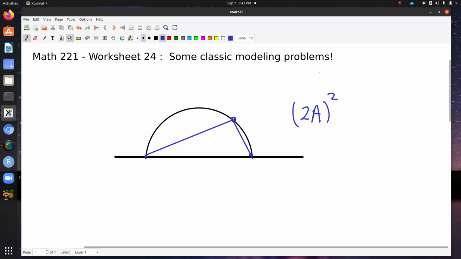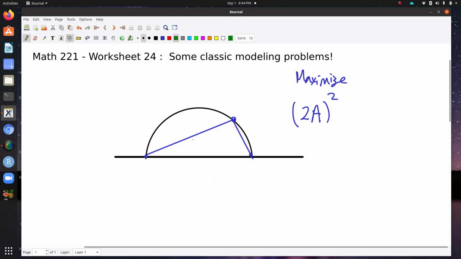So my recommendation is to maximize 2 times area squared. And the reason why I think about this geometrically, let's say we have this length A and this length B once you figure it out. So A times B is actually, well, I should give it different letters, sorry.